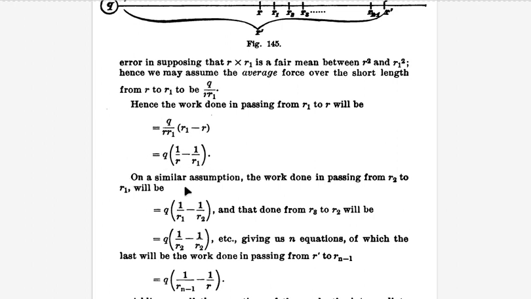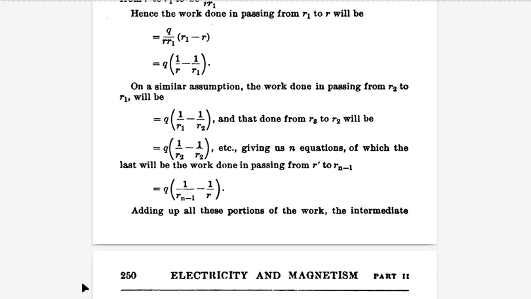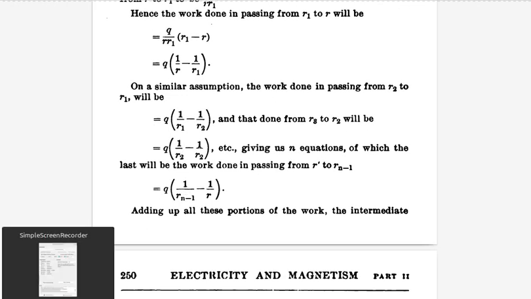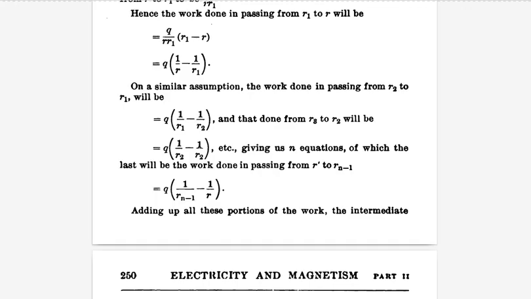On a similar assumption, the work done in passing from R2 to R1 will be calculated in the way shown on the screen, giving us n equations, of which the last will be the work done in passing from R prime to R subscript n-1.